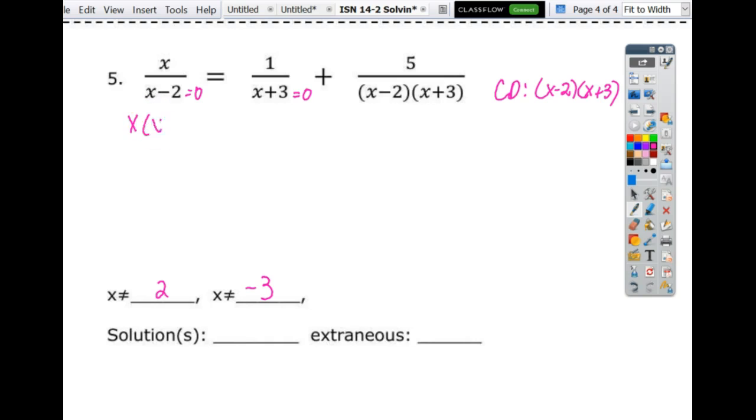So I'm going to multiply by, what's going to cancel in the second term? So I'm going to multiply by, and what cancels here? Everything, so I don't multiply by anything. So I'm going to distribute.